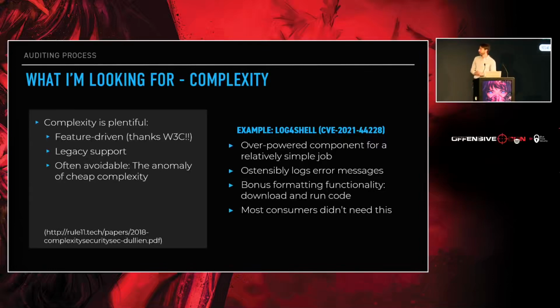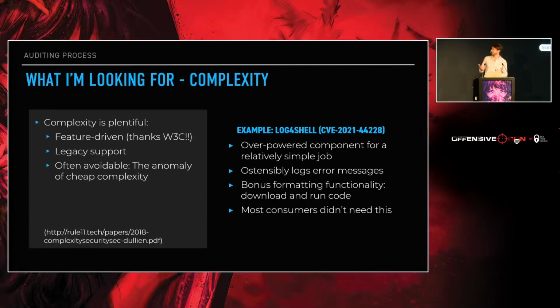But it had this bonus formatting functionality that, among other things, allowed you to download and run arbitrary code. This was part of doing custom formatting of error messages, but it's a feature that probably quite a lot of the consumers of this library didn't really need, especially pulling down code remotely, and probably quite a lot of them weren't even aware of its existence. They just pulled it in because they thought, oh, someone's already written a logging subsystem, why should I do that?